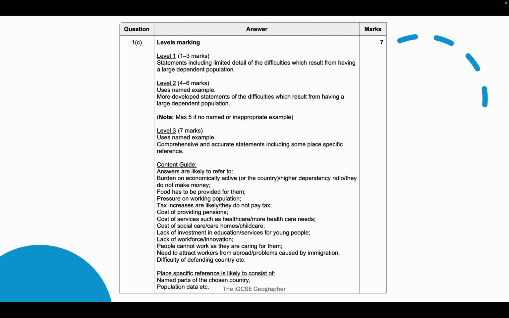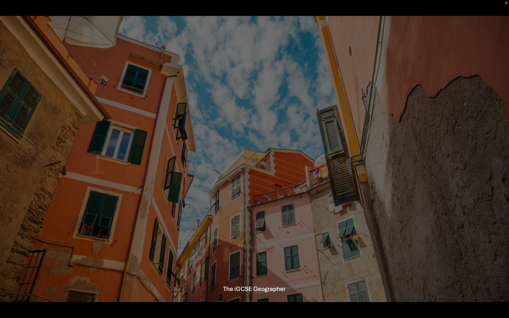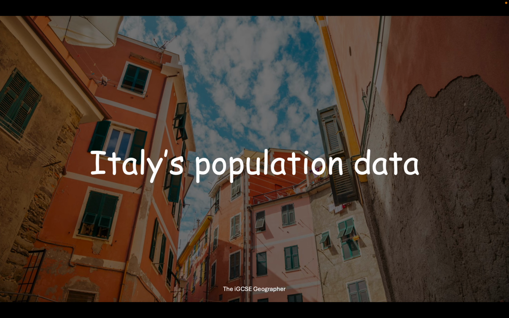And as always, to get level 3, 7 out of 7, we really want to focus on the use of place-specific references, as you can see here. So name parts of a country.